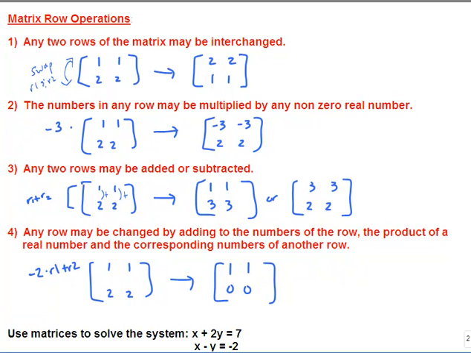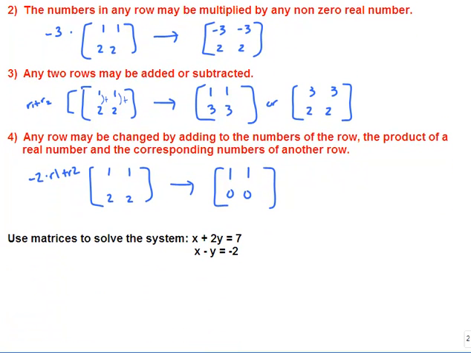Now the last rule here is the one that's the most complicated, because here we're actually going to do 2 things at the same time. We're going to take a row times a constant and then add that result to our next row. So in this example, I am taking -2 times row 1 and then adding those answers to the second row.